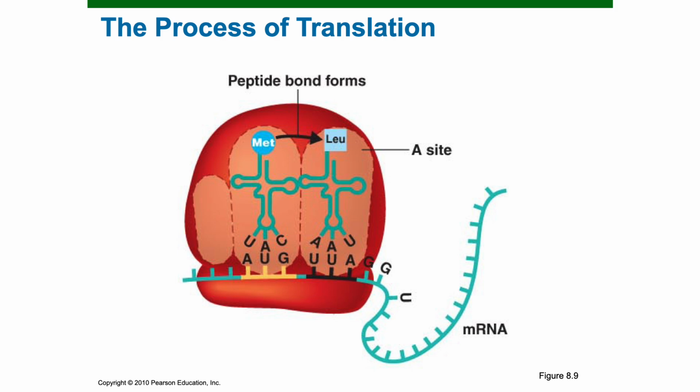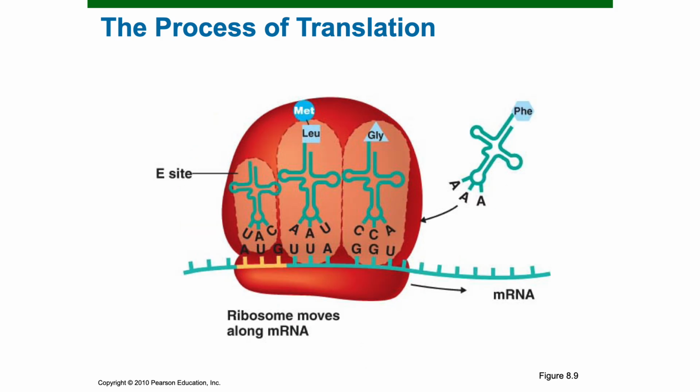When it does that, the ribosome will form a peptide bond, which is a covalent bond between the amino acids. And so it'll link them together so that they are starting to form the peptide chain. Then the ribosome will move down slightly, and a new transfer RNA will bring a new amino acid in there.